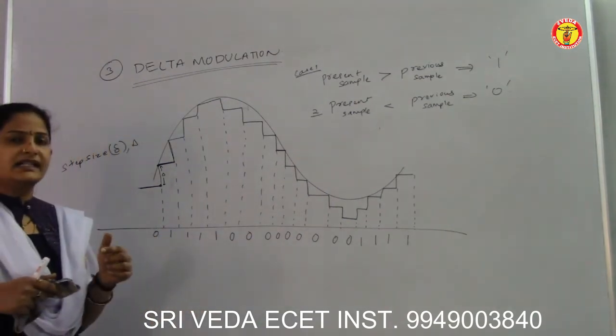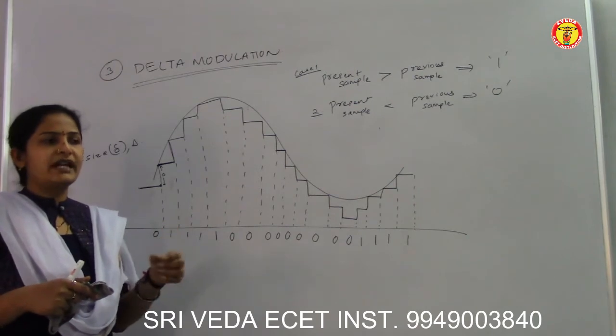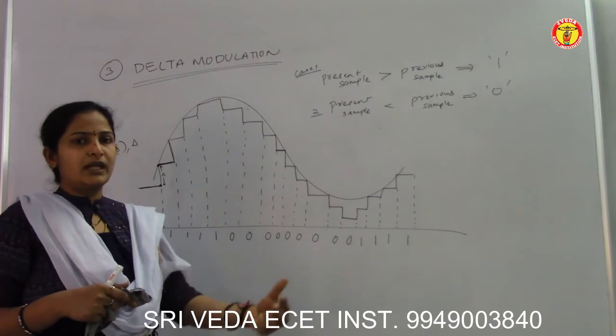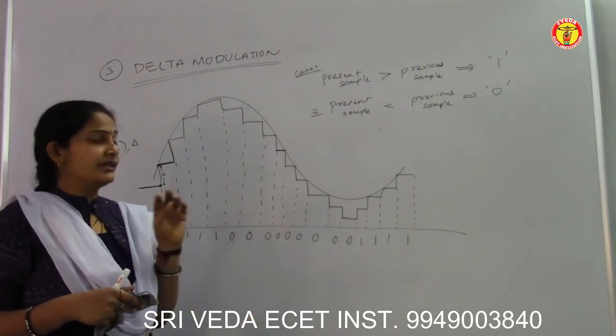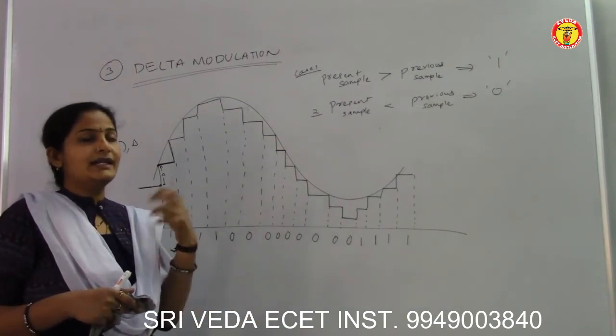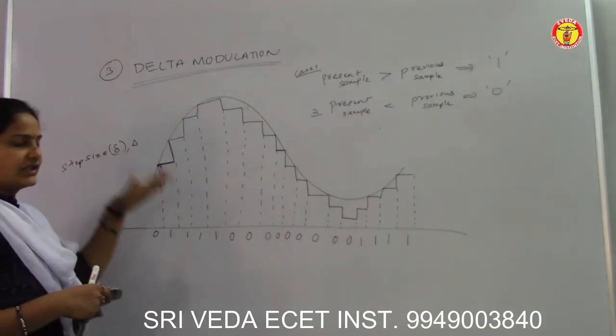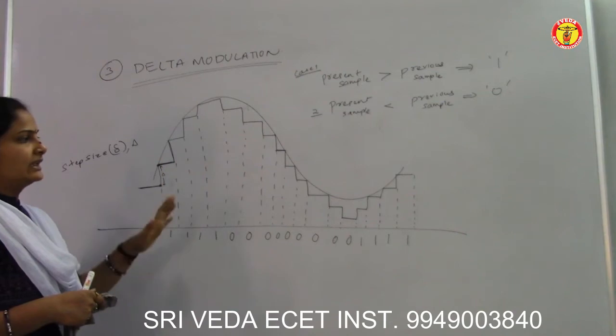It is just comparing the amplitudes. If the amplitude is greater than the past one, it will send a binary bit 1. If the amplitude is less than the previous value, it generates binary bit 0. This is the working principle of delta modulation.